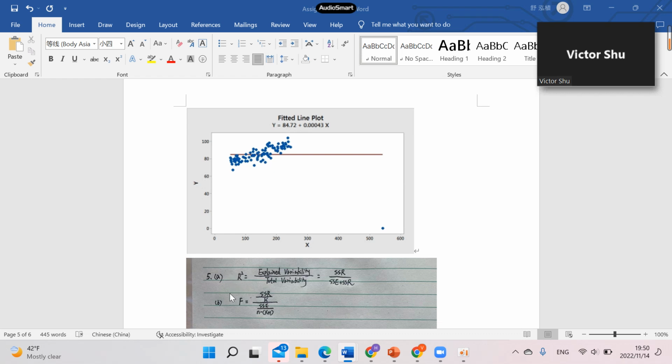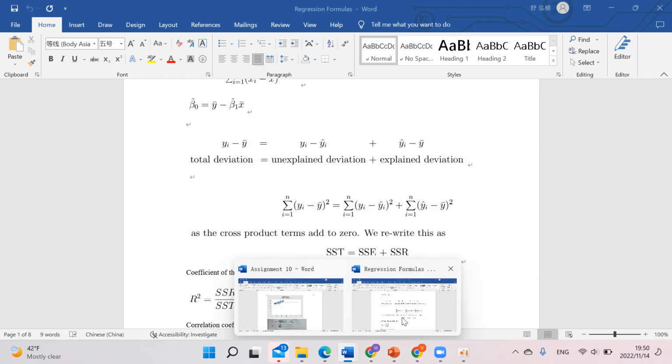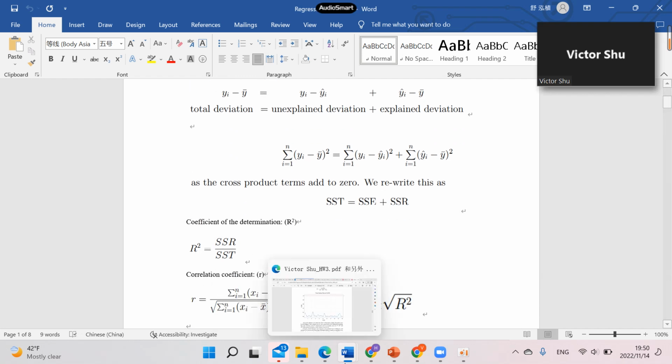This is a form of R square. This is just the formula you can find in the formula sheet. R square is SSR divided by SST, and SST is SSE plus SSR.